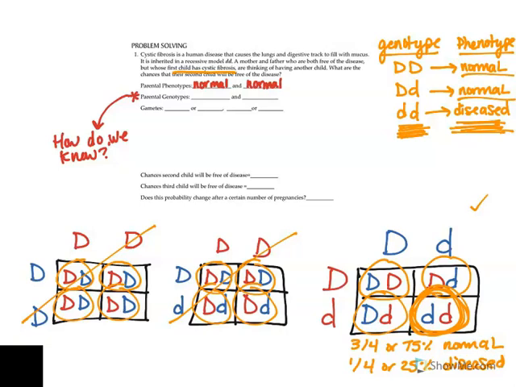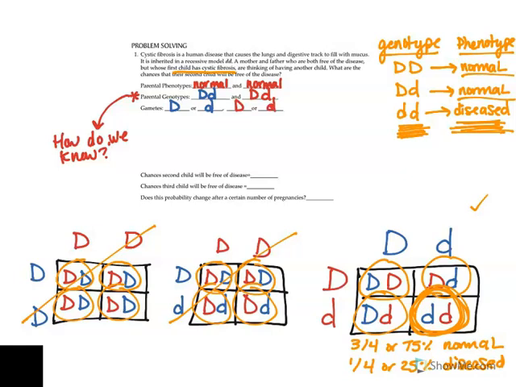Continuing on, my parental genotypes are heterozygotes. Bring their alleles down, just like you did at the beginning of the lab, one in each respective blank. An uppercase D shows a dominant trait, lowercase d shows the recessive allele. Uppercase D, lowercase d, those are the gametes.